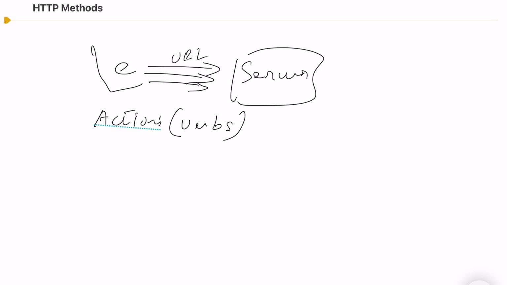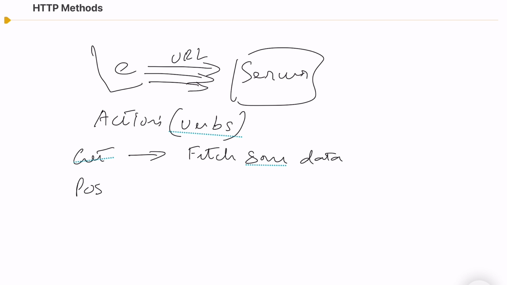Simple. Now these requests are simple. One is get. Get means the client is trying to fetch some data from the server. Next is post. That means the client is trying to create a new data on the server. Next is put.